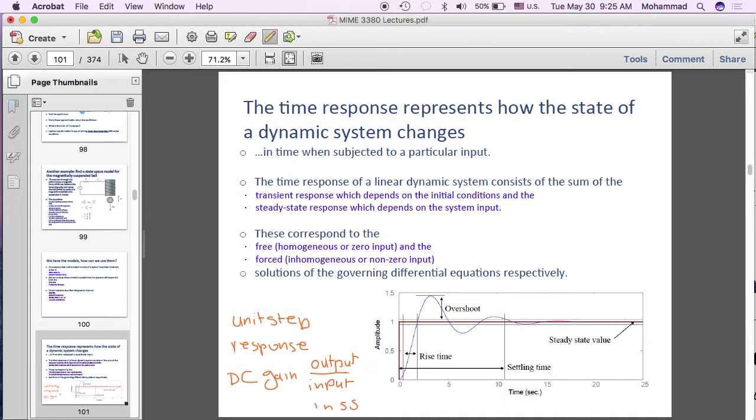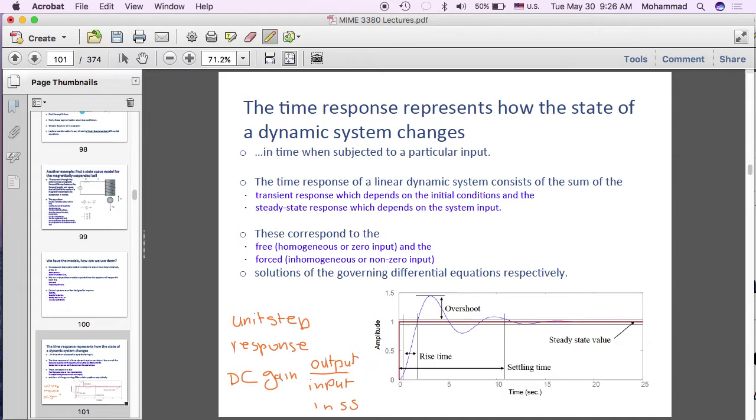Normally and practically, you define a window, say a 2% window of the steady state, and as soon as the response gets into that window, you call that time the settling time. How wide or small that window is is our choice, but typically it is 10%, 5%, 2%, or 1%, depending on how accurate you want to be.